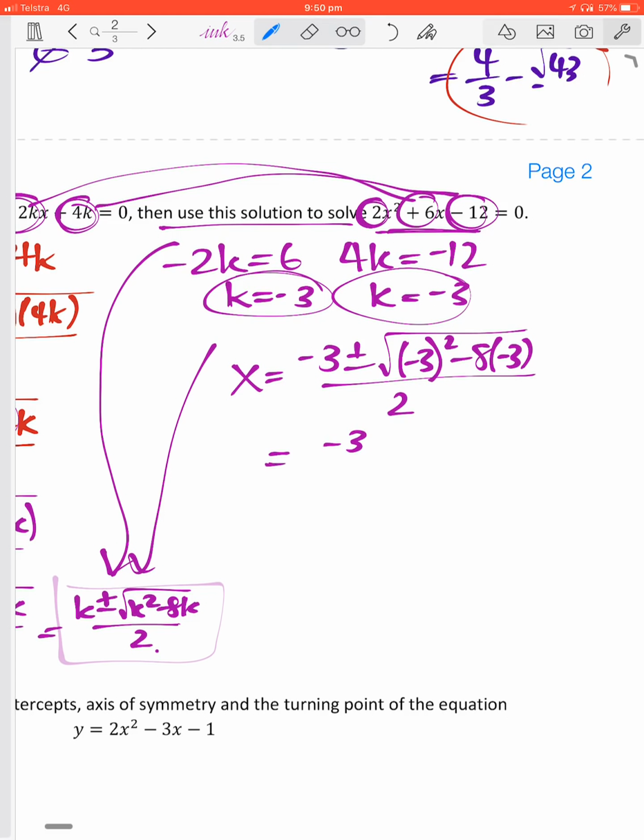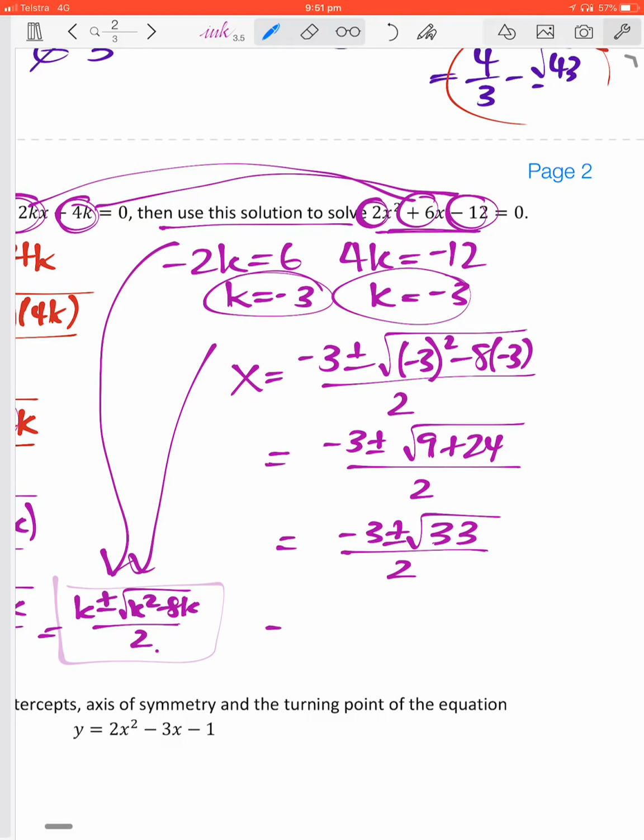So I get -3 plus or minus the square root of 9, 8 threes are 24, that's going to be positive, on 2. And then from here we would get -3 plus or minus root 33 on 2. And you could say -3 plus root 33 on 2, -3 minus root 33 on 2. So they're your two solutions.